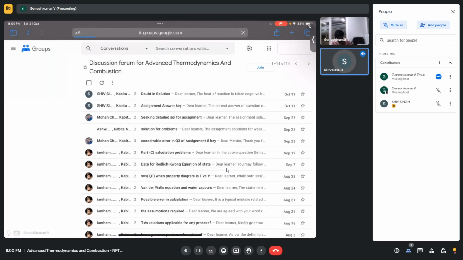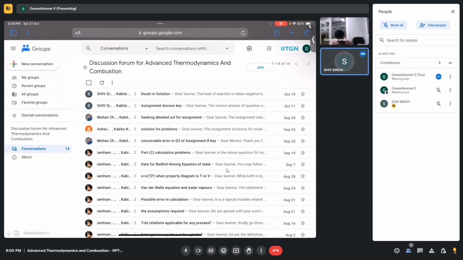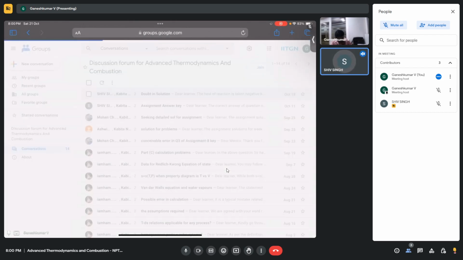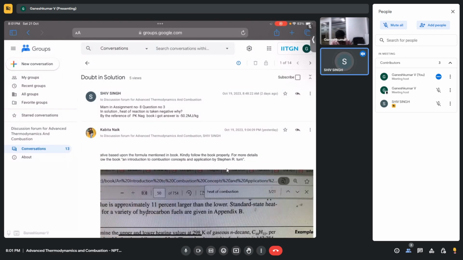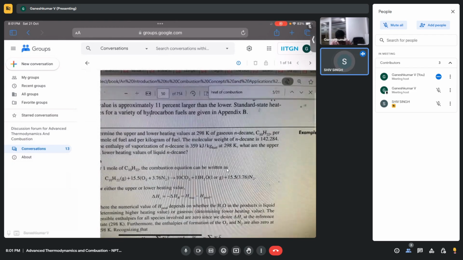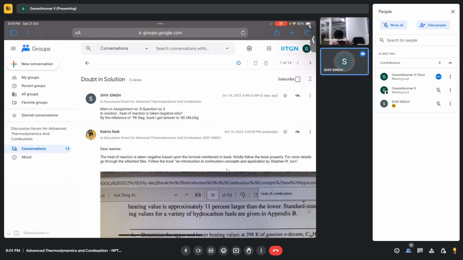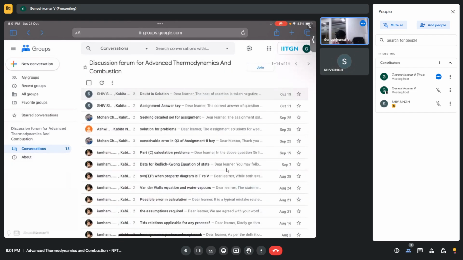The heat of reaction is taken negative based upon the formula mentioned in the book. Kindly follow the book properly. For more details, go through the attached file. Follow the book Introduction to Combustion by Stephen R. Turns.